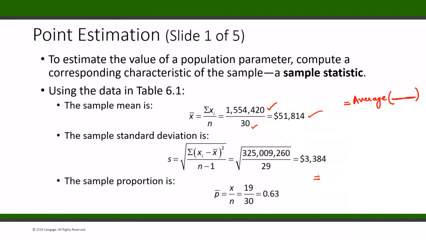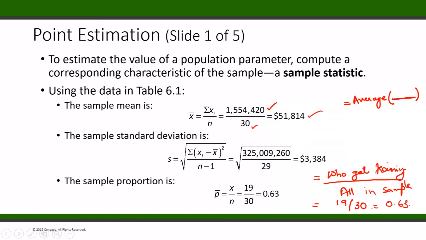So in your sample, you can find the proportion who got the training. 19 people got the training, and there were 30 people in the sample in total. So the proportion comes out to 0.63. This number is also important, and we will talk later about how to use all of them.